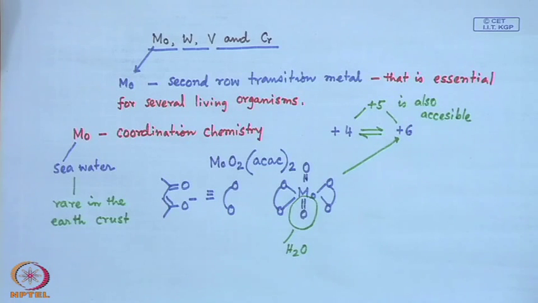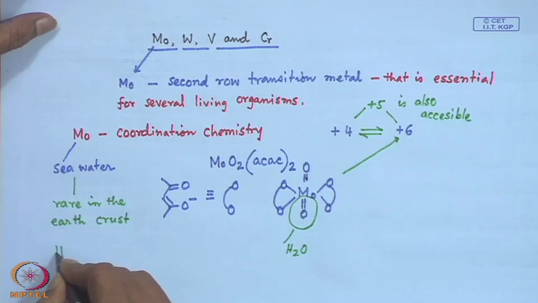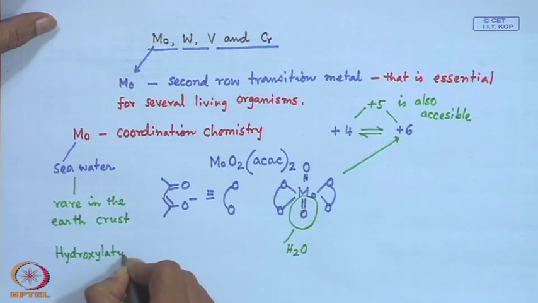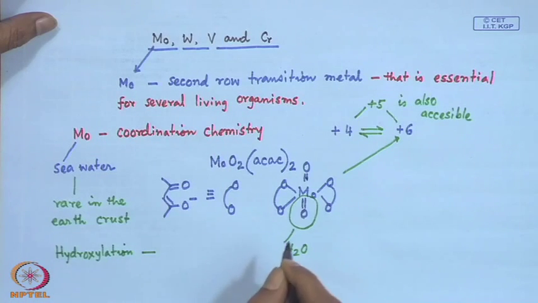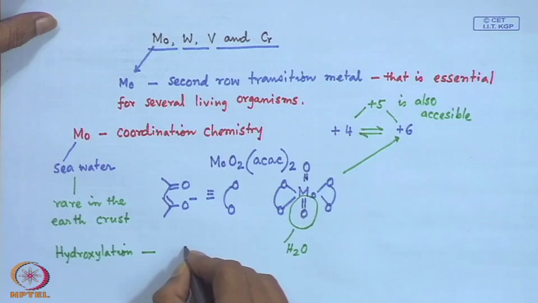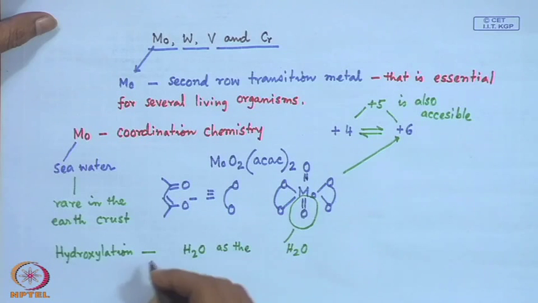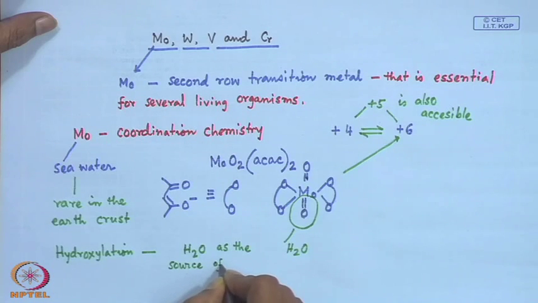And what we are going to look at is one such interesting reaction that we studied for iron chemistry, hydroxylation. But this sort of hydroxylation is different compared to other hydroxylating reactions, because here we use water as the source of oxygen.